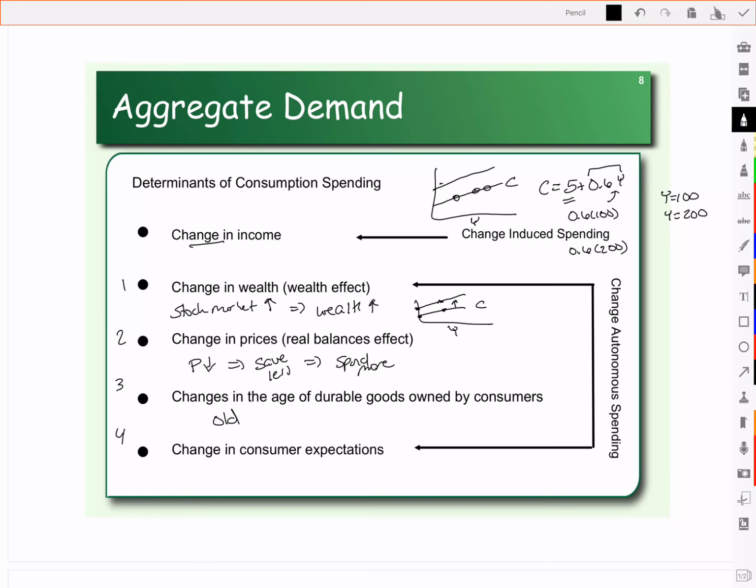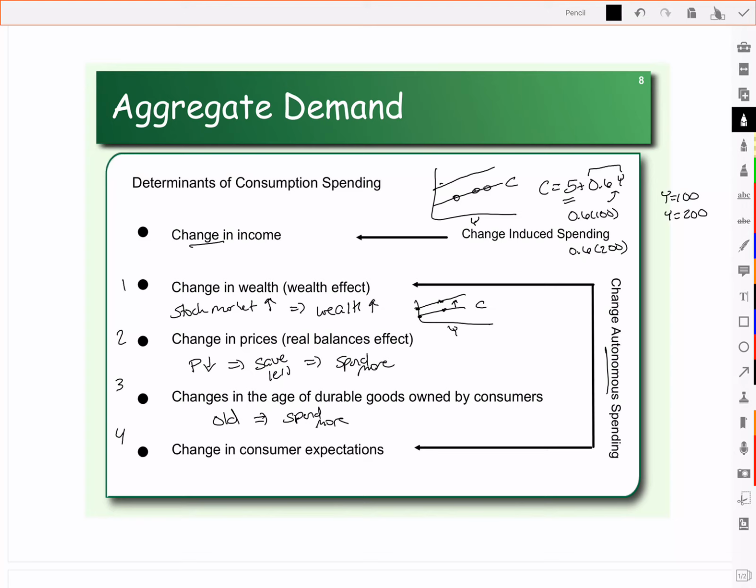Well, when that refrigerator dies, you're going to go get another refrigerator, even if you have no income, right? There's certain durable goods that we have to replace once they get too old. And then we do that regardless of our income level. So when goods get too old, then we're going to replace them. So we're going to spend more, and that's going to change your autonomous consumption spending.